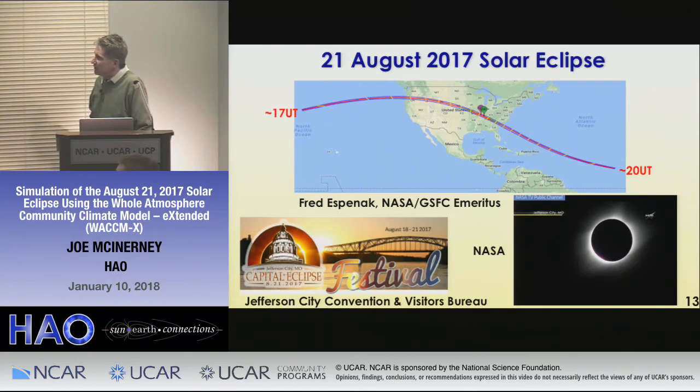I was just outside of Jefferson City, Missouri, which is what's on the bottom there. The bottom right is NASA had set up a camera right by the Capitol building in Jefferson City, and that's what that picture is on the right, and that's probably similar to what a lot of places saw, but as any of us know who were in the path of totality, this doesn't do justice to what you actually see when you see the eclipse.